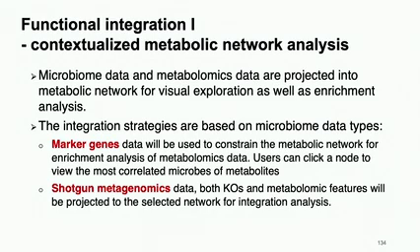Then you can project your metabolic data, and together you are jointly speaking to the same thing. This refines your background, and then you overlay the metabolites you measured onto your metabolic network. And with shotgun metagenomics, you actually measure the genes or enzymes on one side, and on the other side you have metabolites. This is the most straightforward.